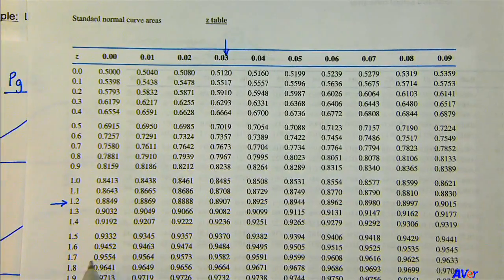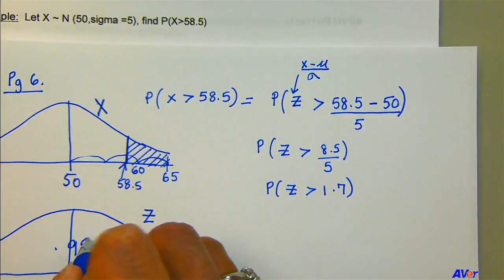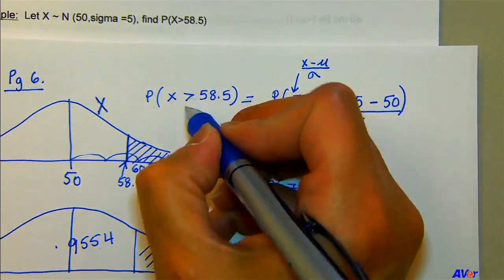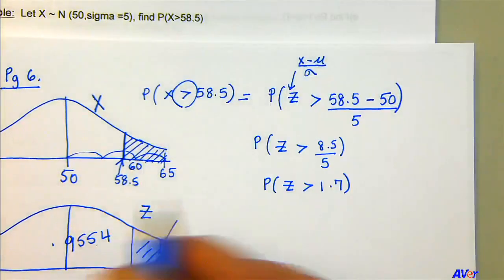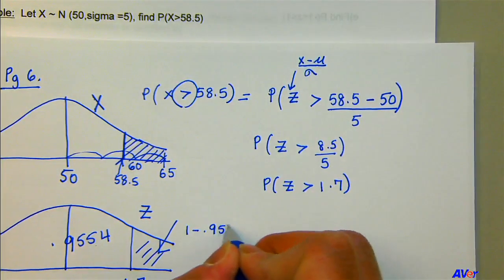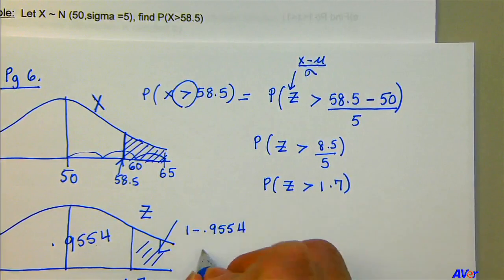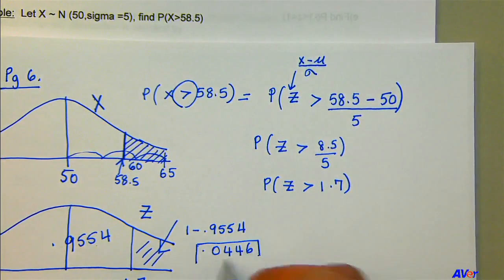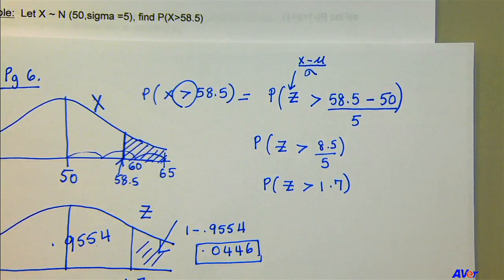I'm here. 0.9554. That's this part. I don't want that part. I want this part because it said x greater than, meaning the area to the right. So this would be 1 minus 0.9554. So 0.0446. Make sense? Let's do the next one.